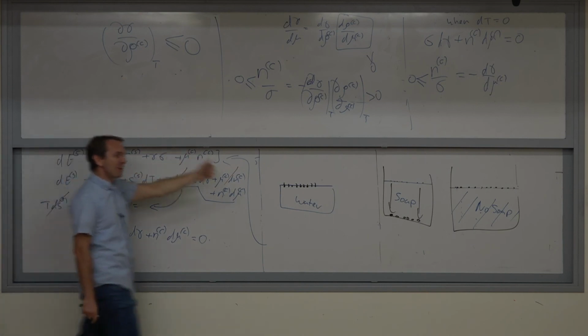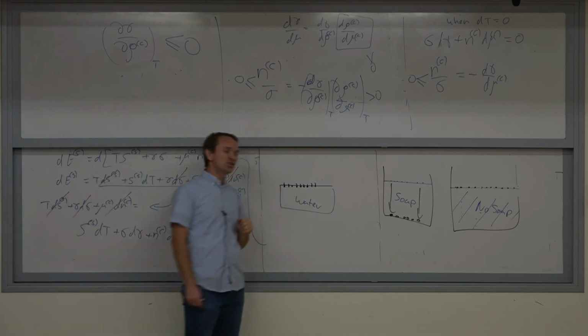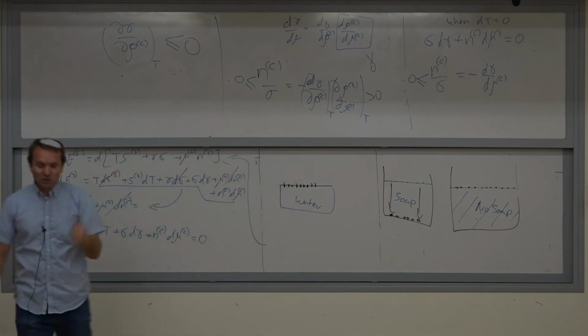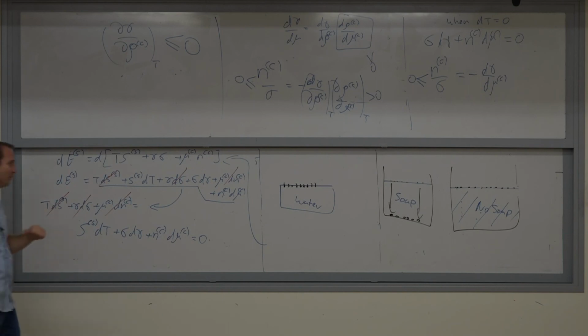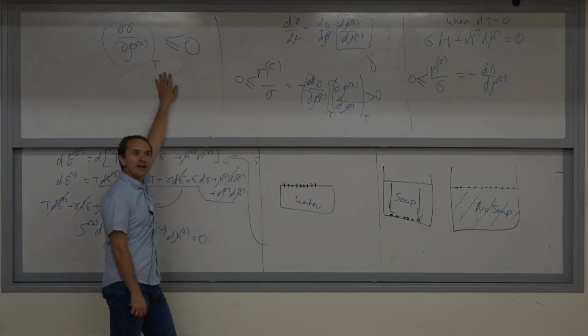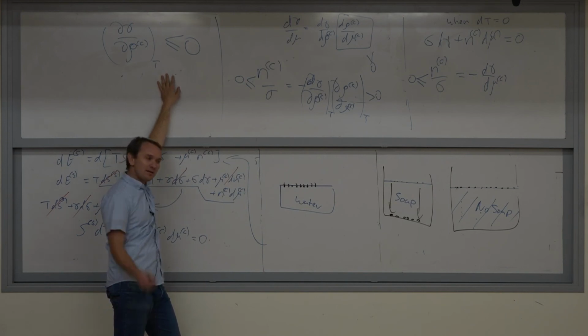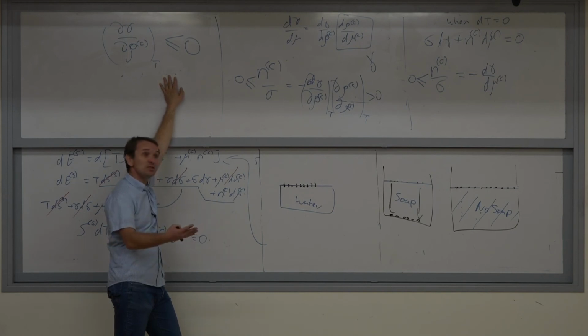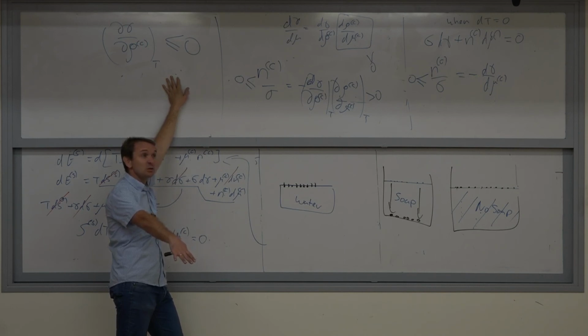And this is why we're capable of actually washing our hands, because the surface tension is decreased by the presence of the soap molecules. Now, thermodynamics doesn't know anything about molecules. Anything. It just knows that if I contribute another type of particles, eventually the surface tension must go down, and eventually the surface will break.